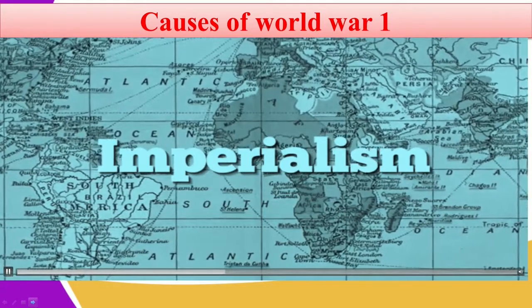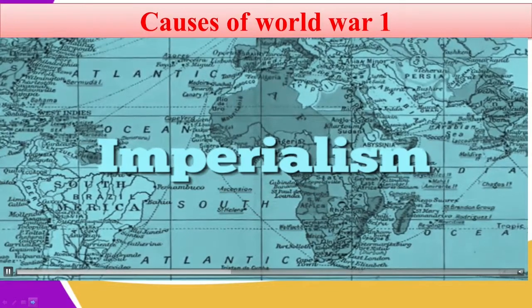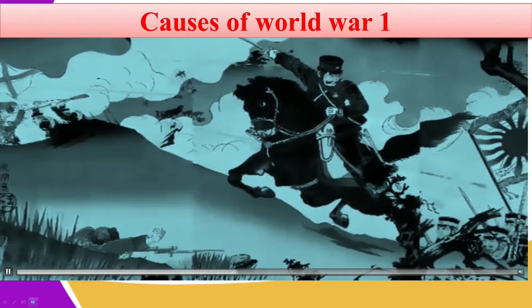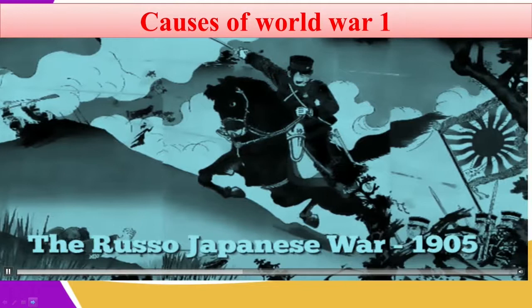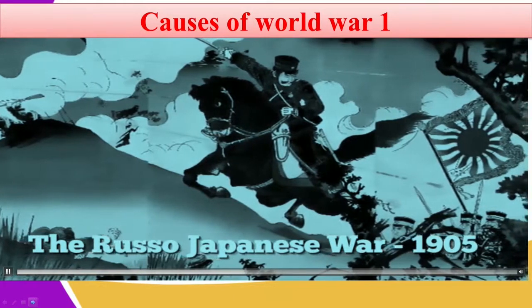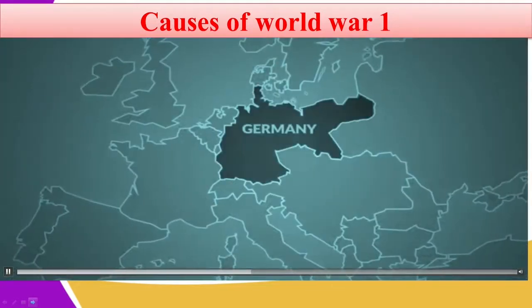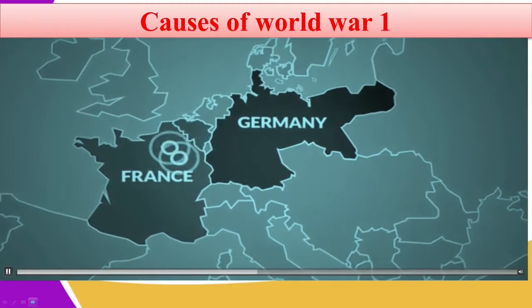Imperialism came when these countries tried to get more colonies so that they could become more economically stable. And in militarism, the Russo-Japanese War also was another war that actually strengthened the power of Germany and France.